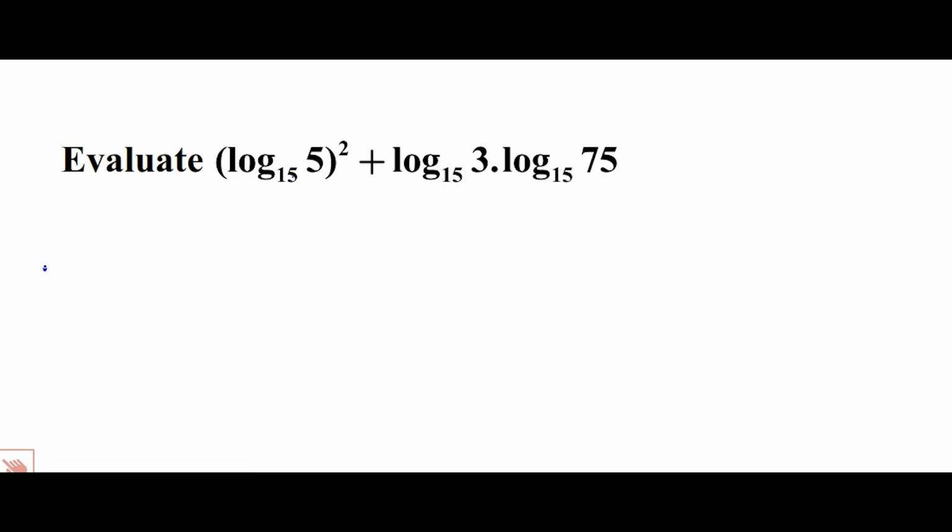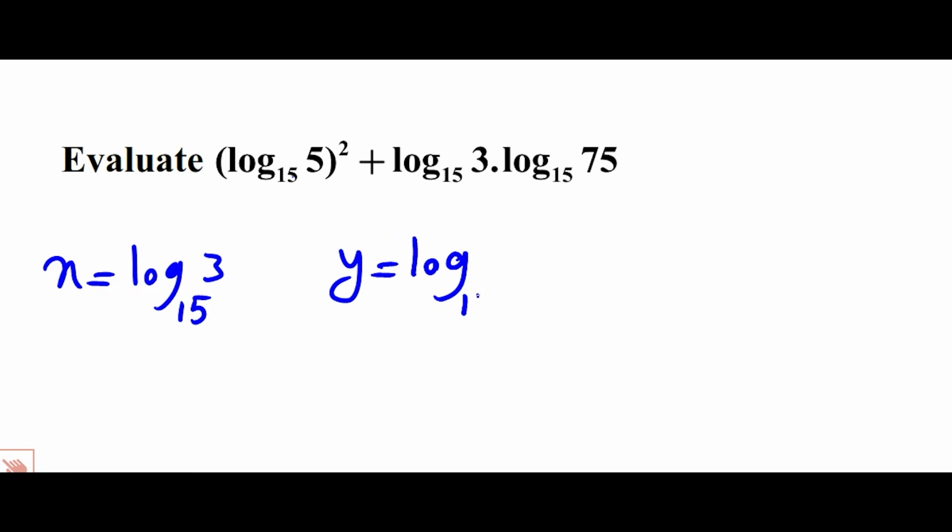Let's define x equals log base 15 of 3 and y equals log base 15 of 5. Since 15 equals 3 times 5, we can take the logarithm of both sides with base 15.